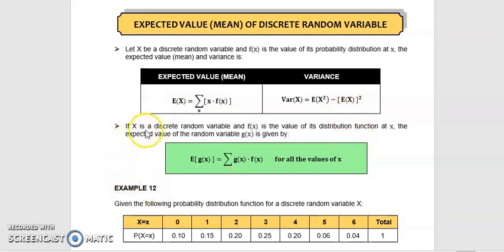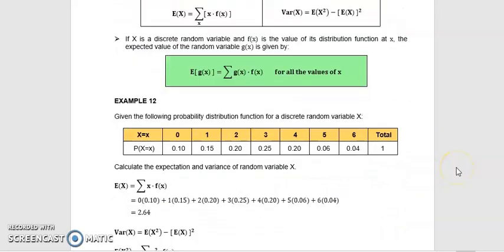Okay, if x is a discrete random variable and fx is the value of its distribution function at x, the expected value of the random variable gx is given by the summation of gx multiplied by its probability. Now look at this example.